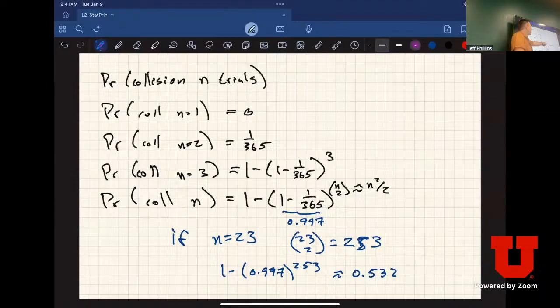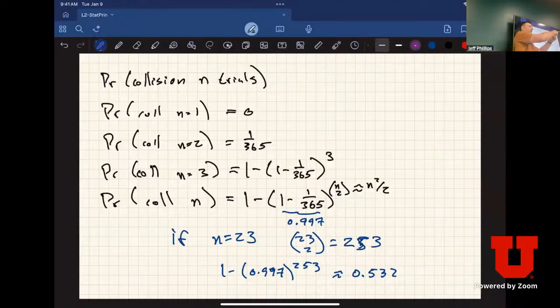It's actually the first pair I check was 1 minus 1 out of 365. That was correct. But I only checked the second one if the first one did not have a collision. If the first one had a collision, then the second one will be independent, I think, but then the third one will be correlated.